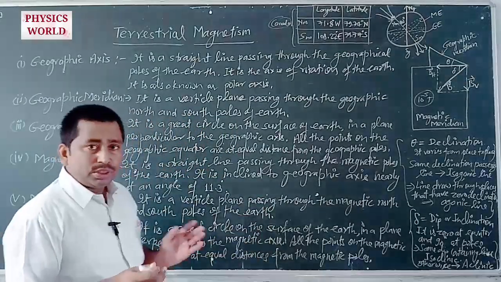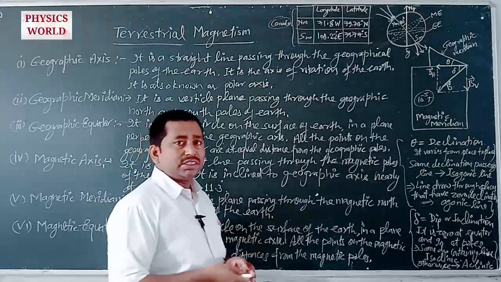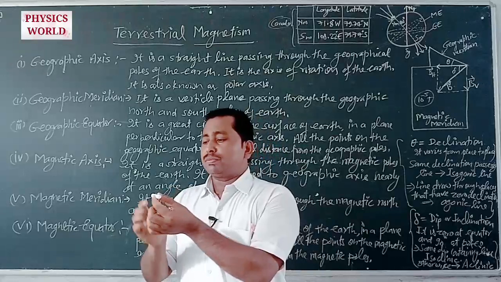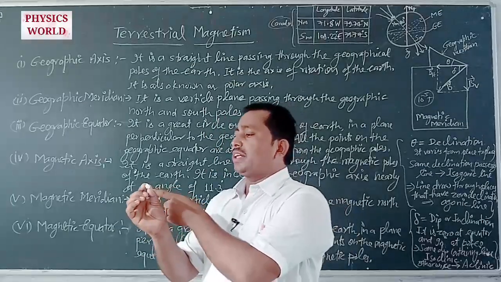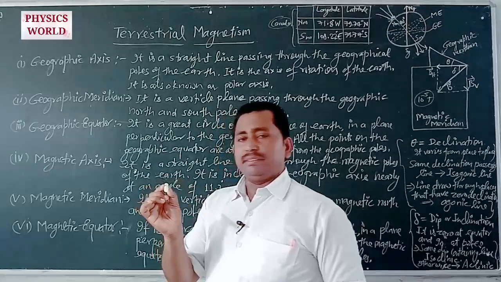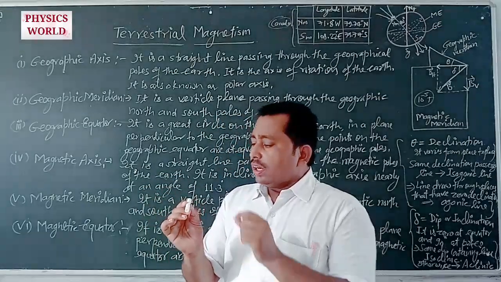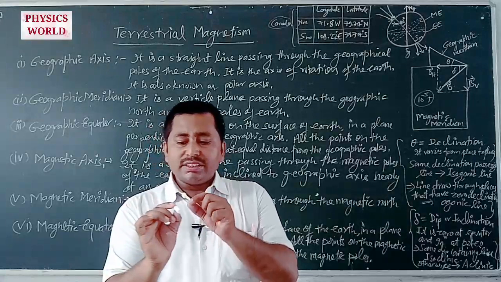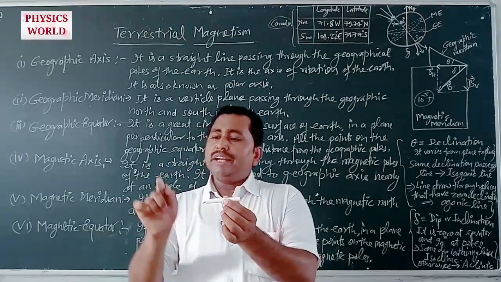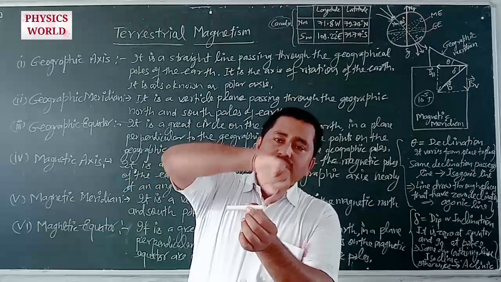By experiment it is observed that if we freely suspend a bar magnet, its north pole always lies along the north direction and the south pole lies along the south direction. In a bar magnet, the magnetic field lines emerge out from the north pole and enter into the south pole.